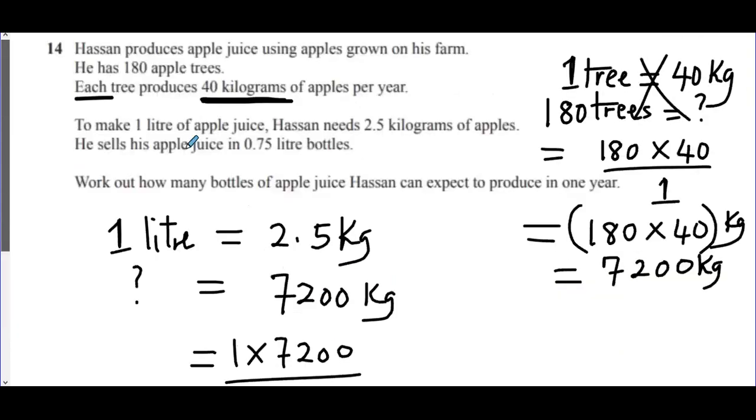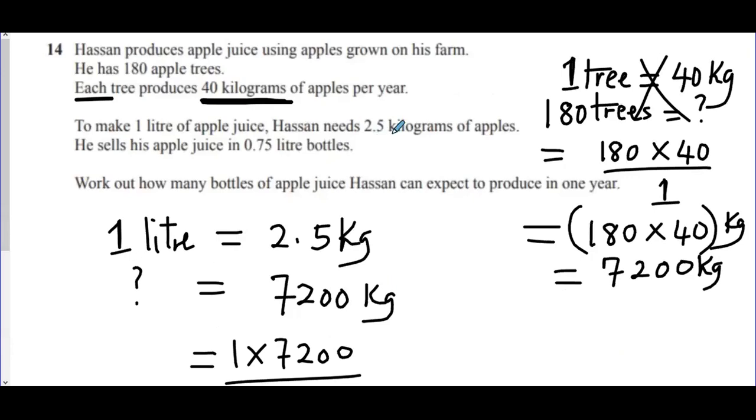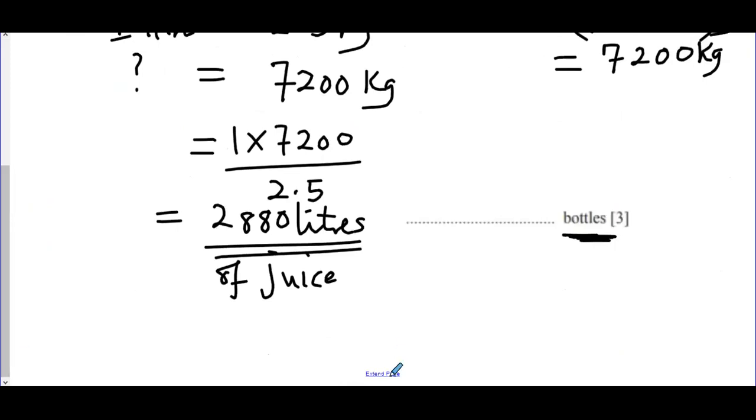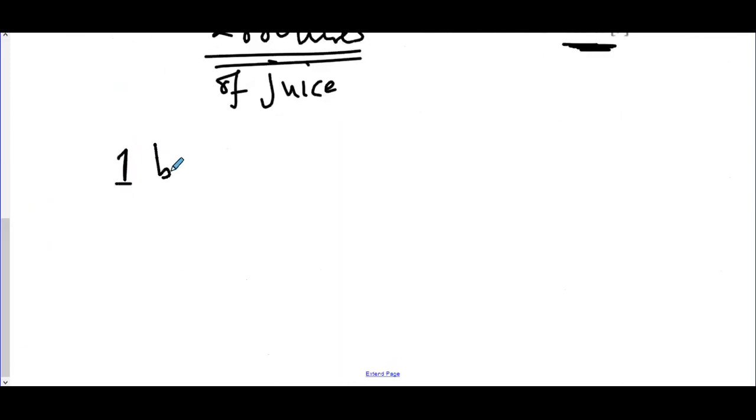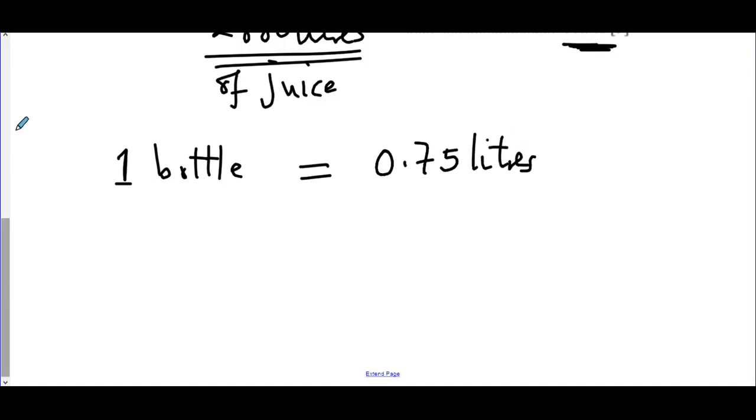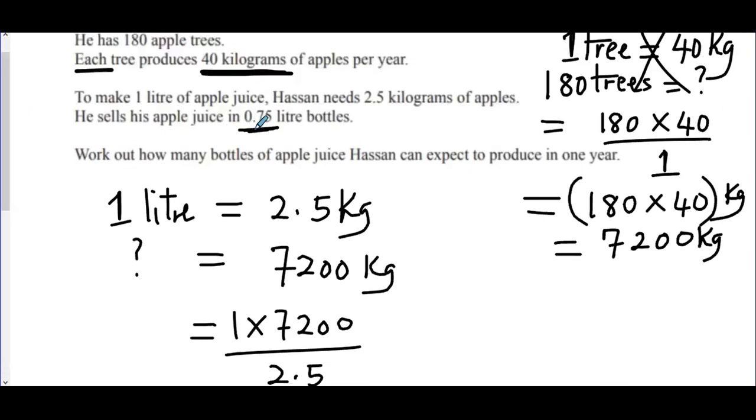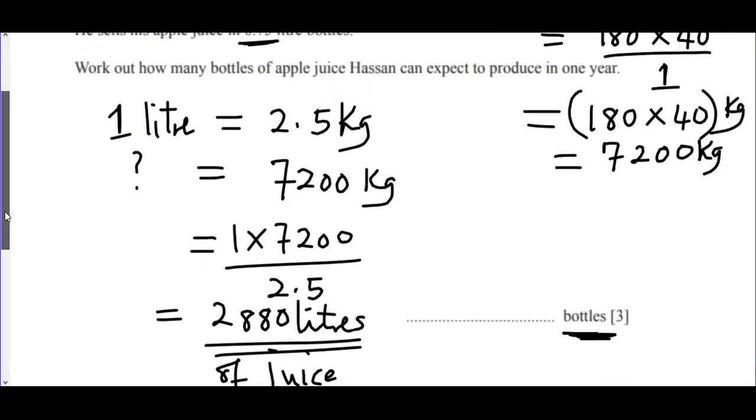But then we need to calculate the number of bottles there. Okay, let us keep going. He sells his apple juice in 0.75 liter bottles, meaning that one bottle has a capacity of 0.75 liters.